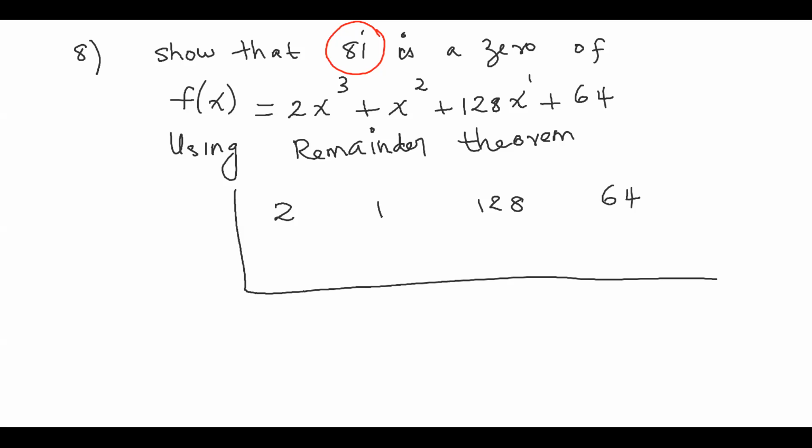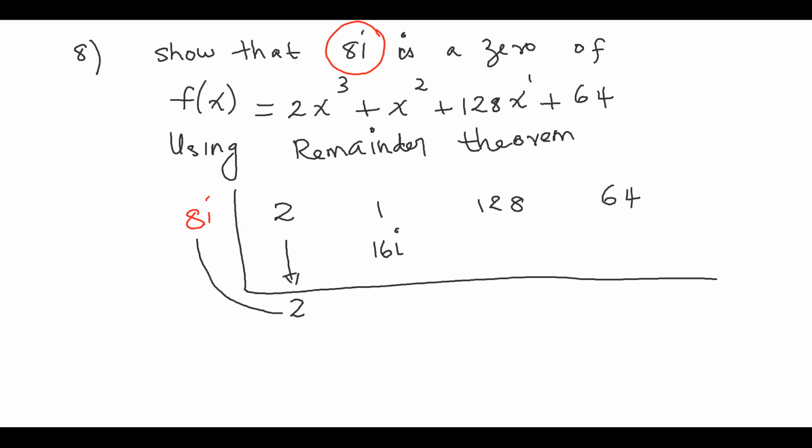And we have to divide this by 8i. Remember, 8i is an imaginary number, and you can use your calculator to add and multiply imaginary numbers. We have done this one before, so I'm going to show you just the steps. Bring the 2 down and then multiply 2 times 8i. You can use your calculator, which is going to be 16i.